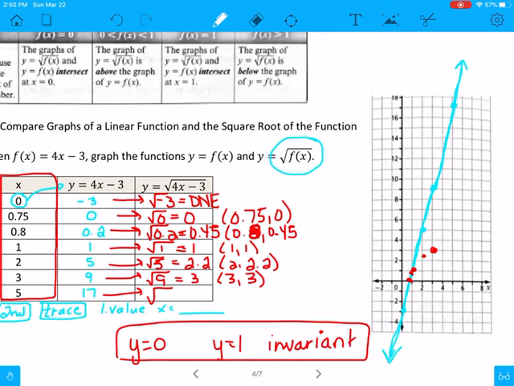And then square root of 17, which is 4 point something, 4.1. I'm going to get 5 and 4.1 because the x doesn't change, only the square root of the y's. So 5 and 4.1.